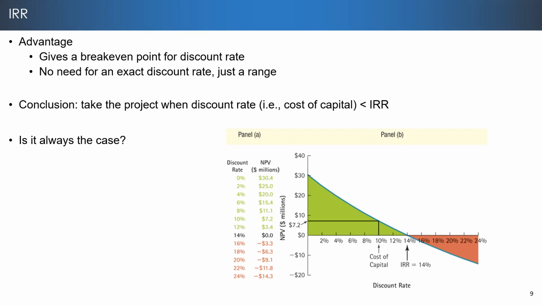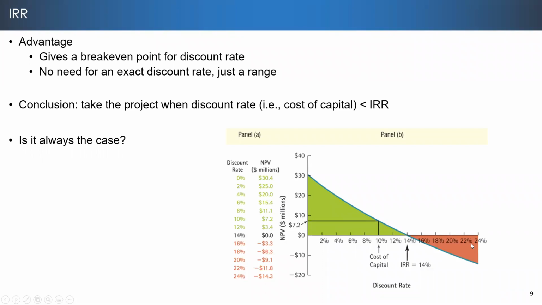Without knowing the discount rate in the first place, we can find the IRR solution, which is 14% right here. And if you believe that the discount rate is for sure going to fall on the left-hand side of 14%, then no matter what it is, we're going to take the project. So you don't need to have an exact estimate of the discount rate.